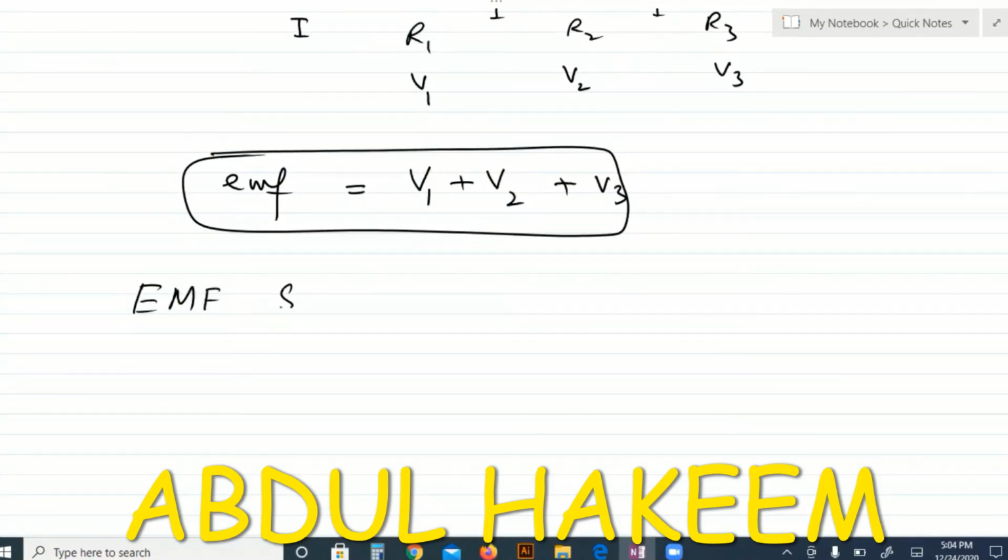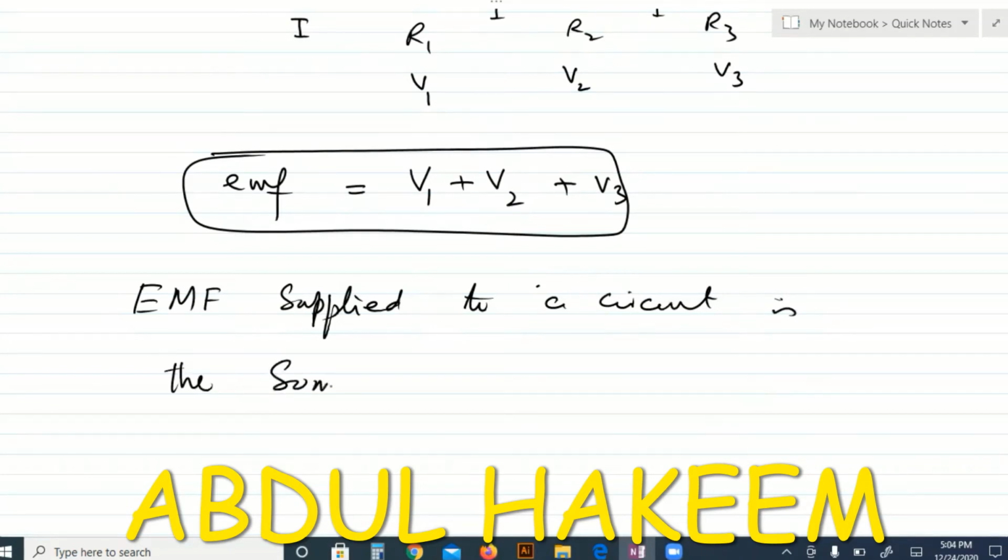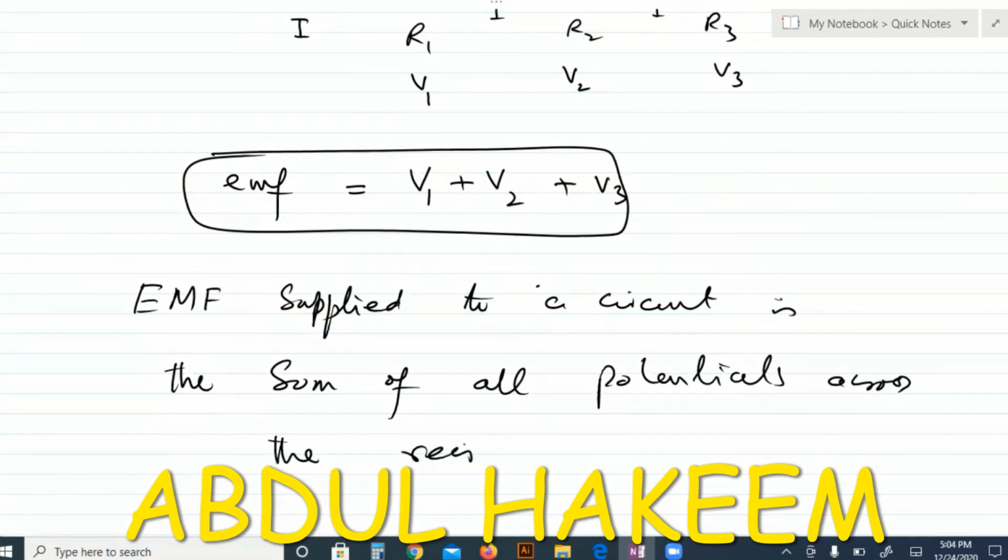So when we will write it, EMF supplied to a circuit is the sum of all potentials across the resistors.